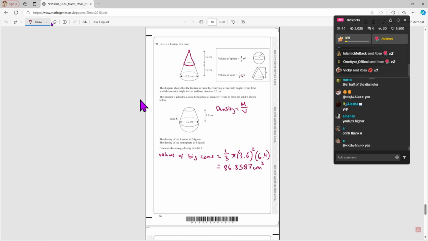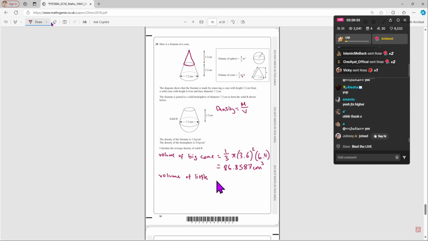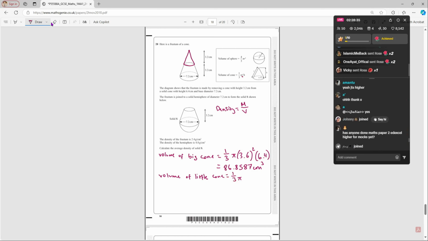Then we're going to work out the volume of our little cone. The volume of the little cone is going to be equal to the same thing. A third, then pi. Now our radius here is going to be 1.8 squared, because it's going to be a smaller diameter and a smaller radius as well. 1.8 squared, and the height is going to be 3.2.